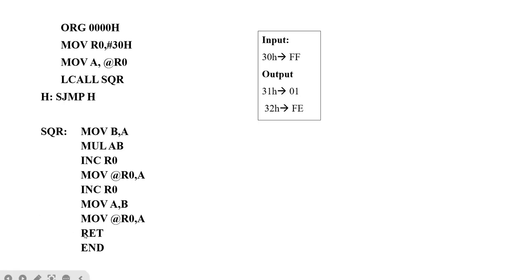Then we have MOV A, B, so the higher byte is moved to the accumulator. Then MOV @R0, A. Here the higher byte will be stored at memory location 32H.